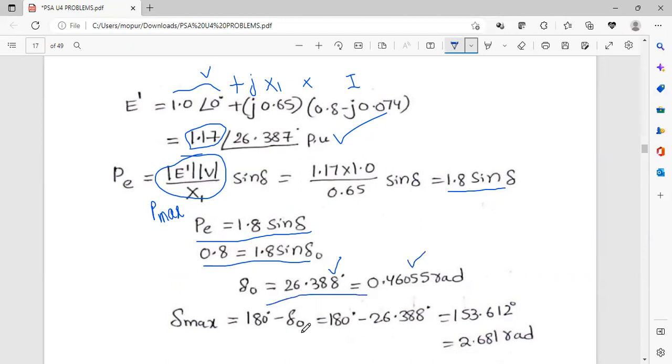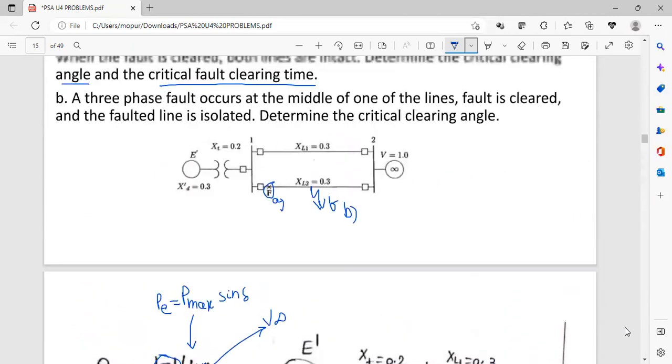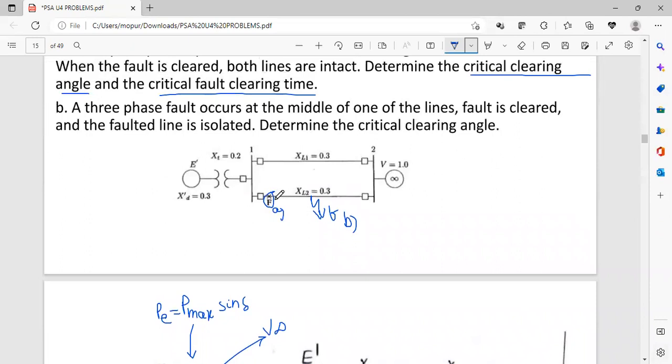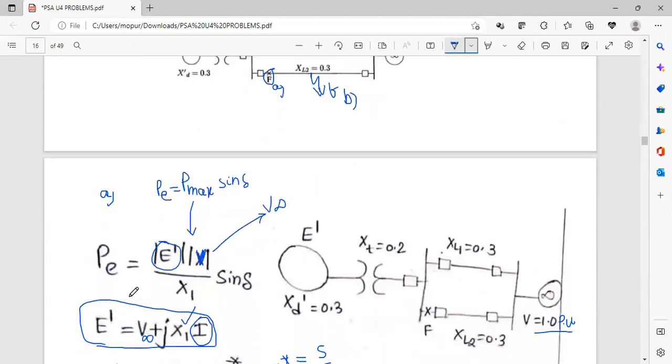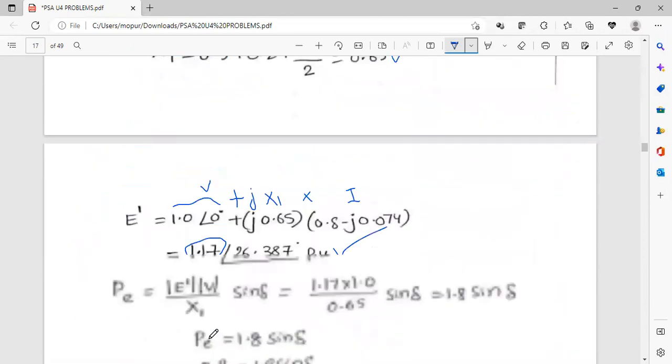Now del max. This is the first subdivision, where the fault is at the sending end. Whenever the fault is at the sending end, this is the procedure you need to follow. First find the value of PE, which is P max into sin del, where P max is E into V by X1, where E is V plus J into X1 into I, where I is equal to S conjugate by V conjugate.